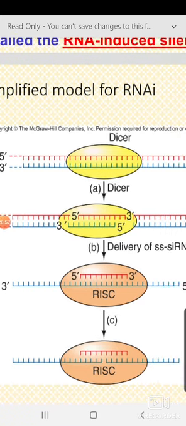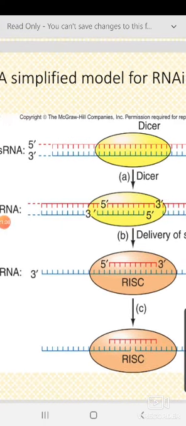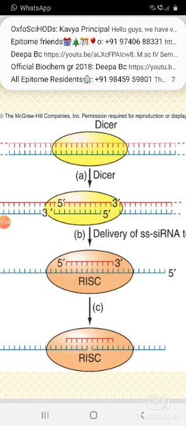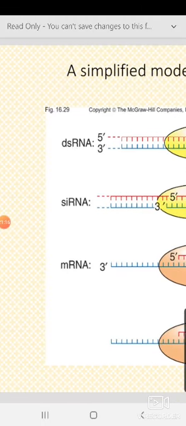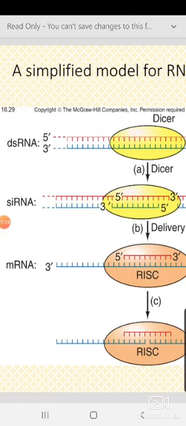This small red RNA strand generated from the previous one we call the guide RNA. It will come and bind to your target mRNA with the help of the orange one, which is RISC, and it will start degradation of the mRNA. That's the way you can see the complete abolition of gene expression. That mRNA will be completely destroyed, and you get complete gene silencing by using this double-stranded RNA.